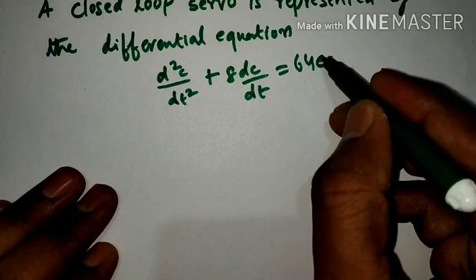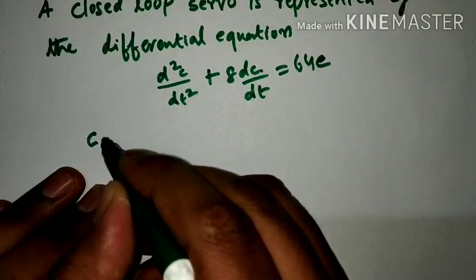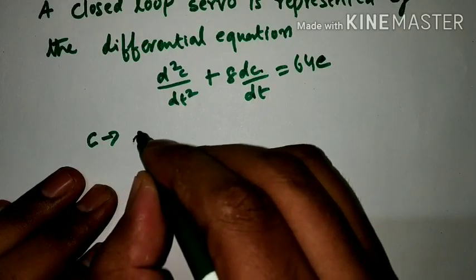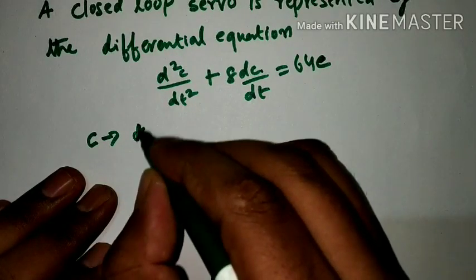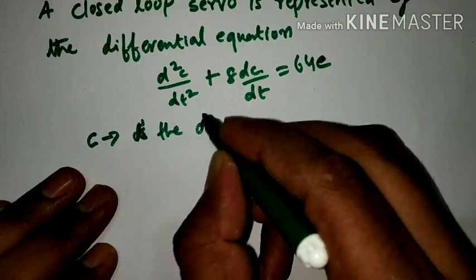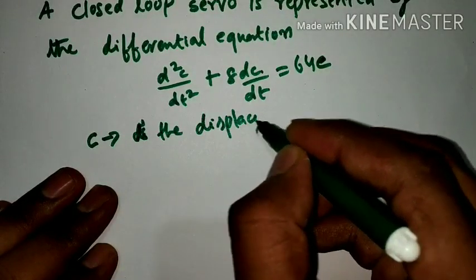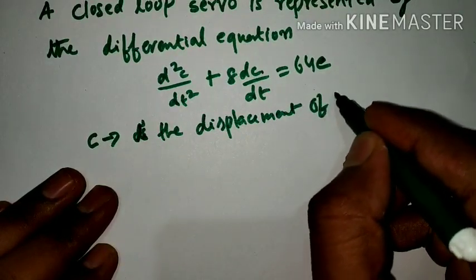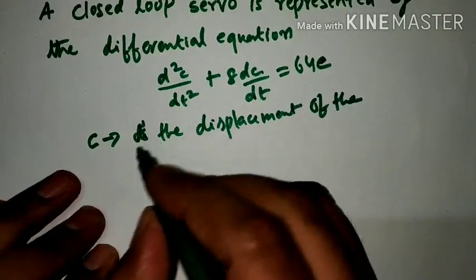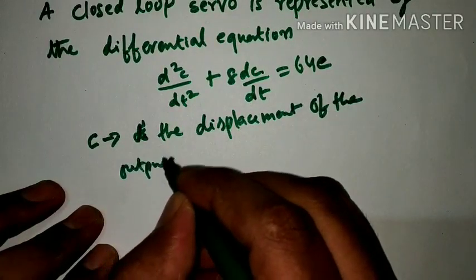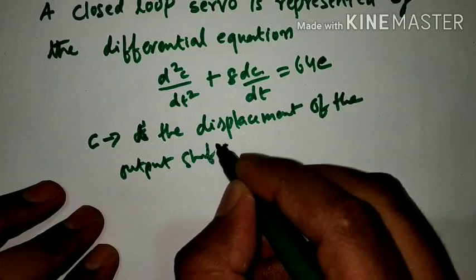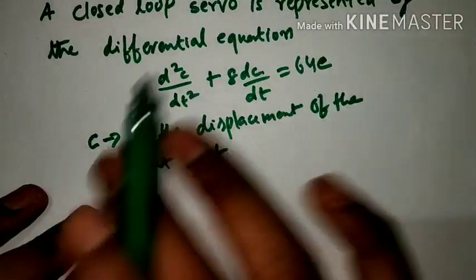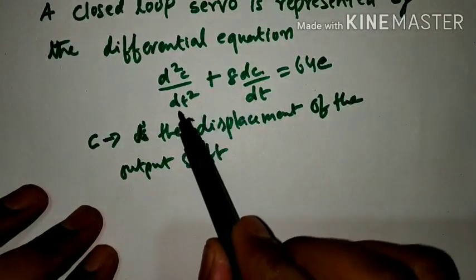This one is the e. Here c is the displacement of the output shaft. So there is a servo motor, so that's the servo system. The differential equation is this.